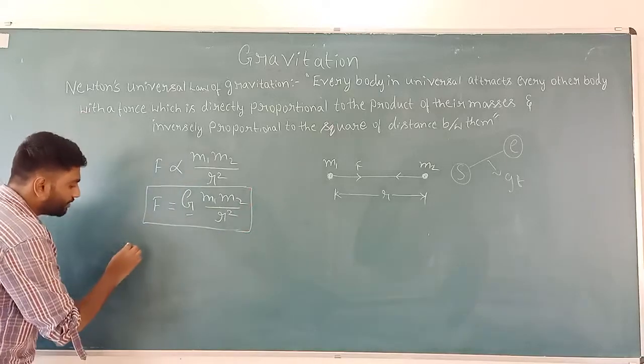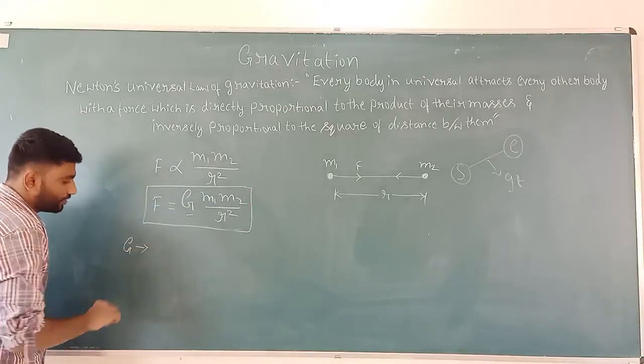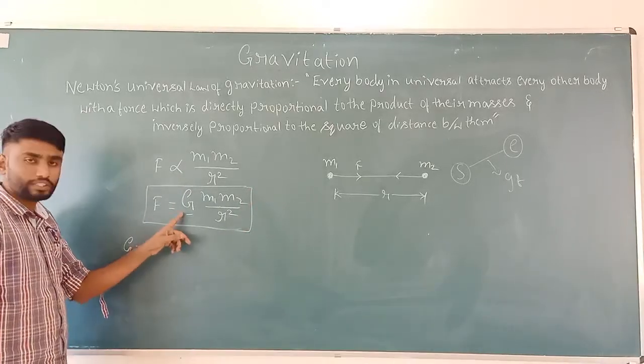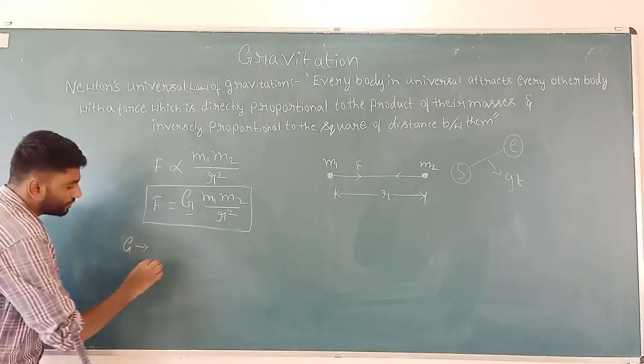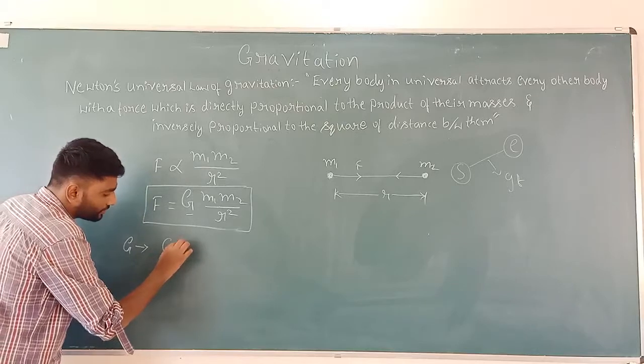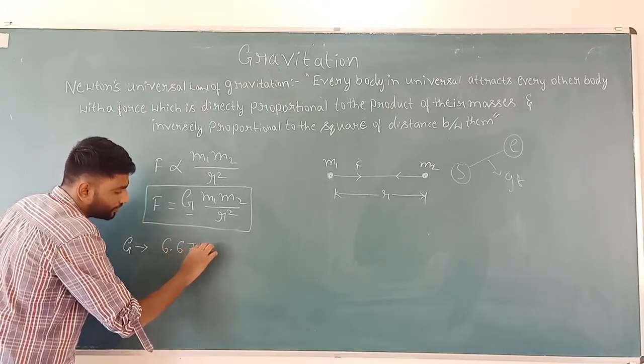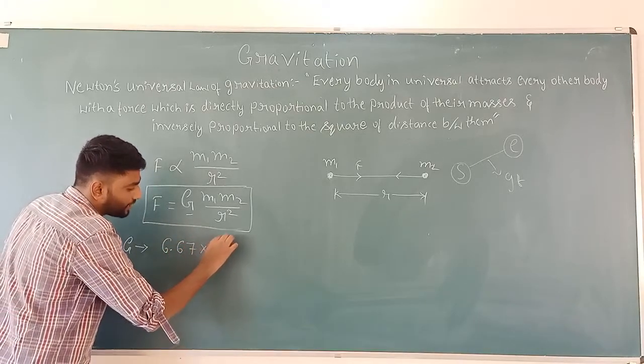So the universal gravitational constant G value is 6.67 into 10 power minus 11.